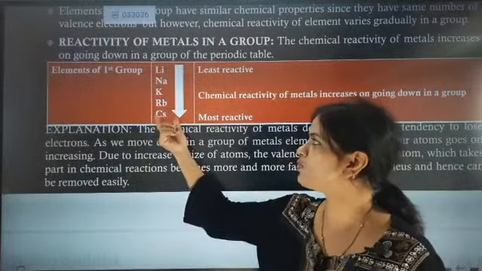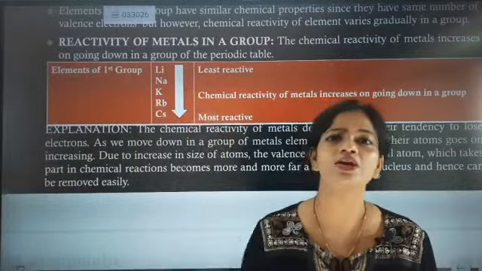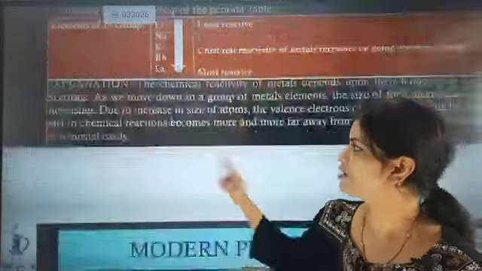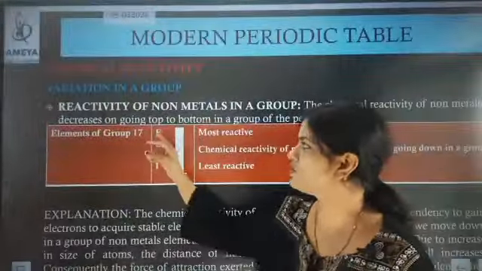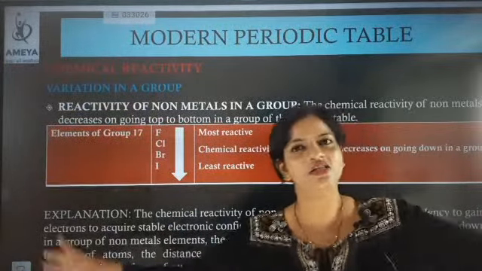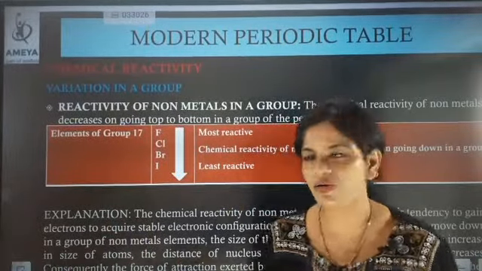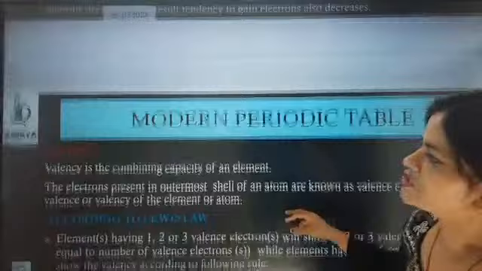The most electropositive is cesium, because from the outermost orbit I can pluck one electron very easily. But if I give one electron, fluorine will take it easily, but iodine will not, because its size is already big. It can give one electron, but it can hardly take one electron. So this is the explanation for that.